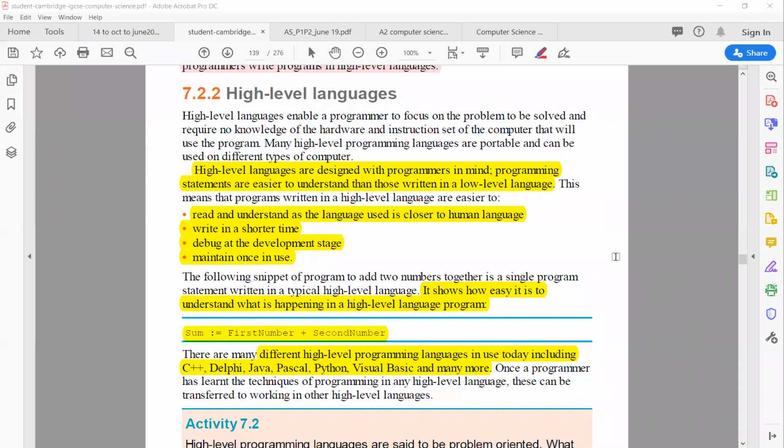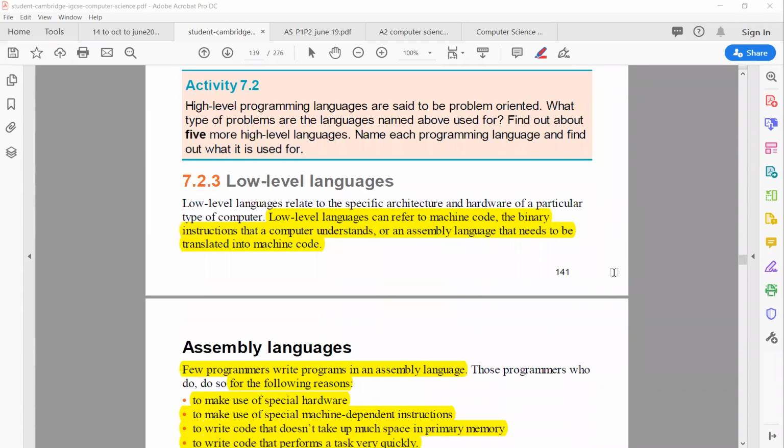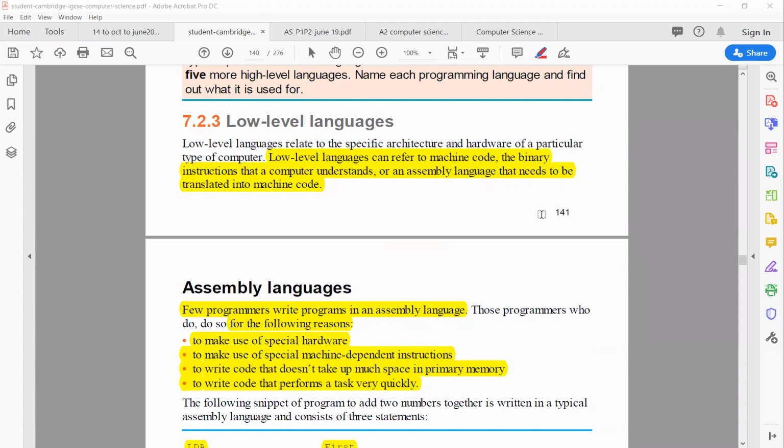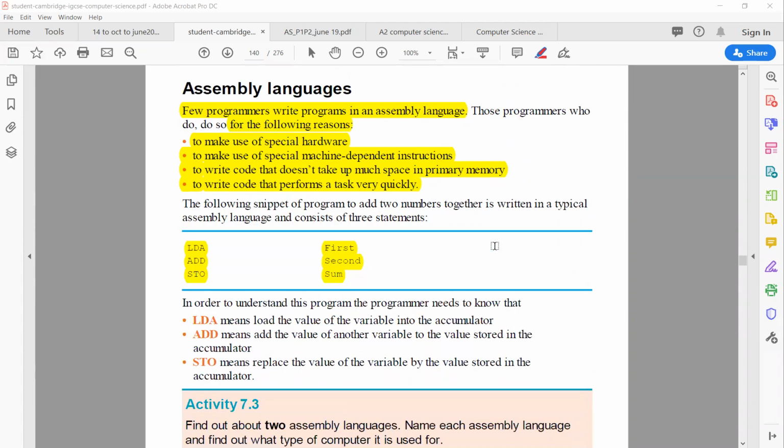Then coming towards low level languages. Low level languages are basically machine dependent languages, and they are further divided into two categories: assembly language and machine language.